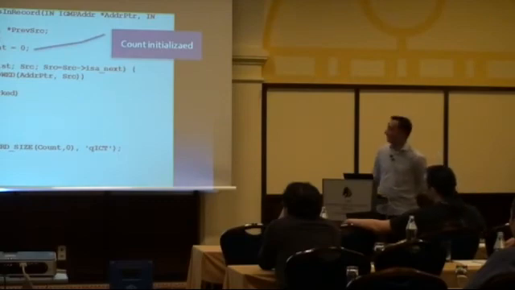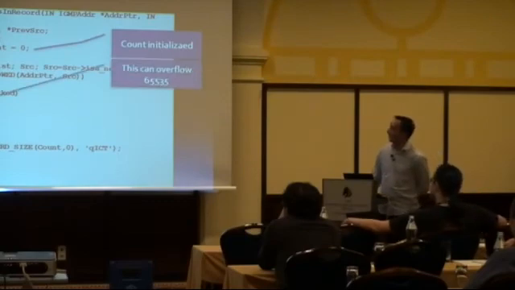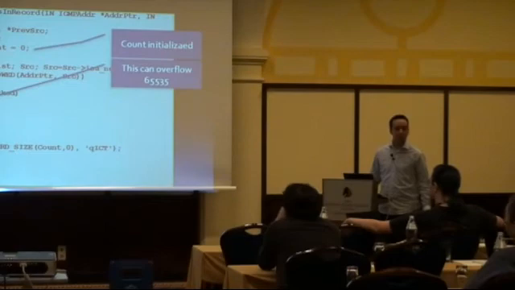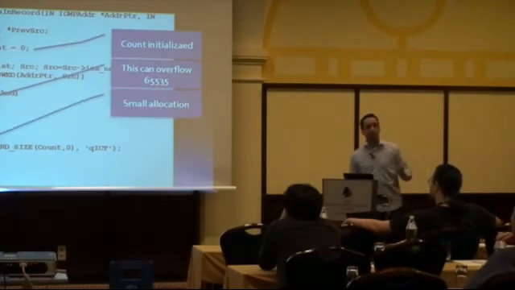Then, let's say that we have in the IGMP packet more than 65K addresses. I mean, you can trigger this through multiple IGMP packets. Count is going to overflow, right? Once you reach 65K, the next one is going to be 0, right? So here we have a small allocation because we overflowed it.